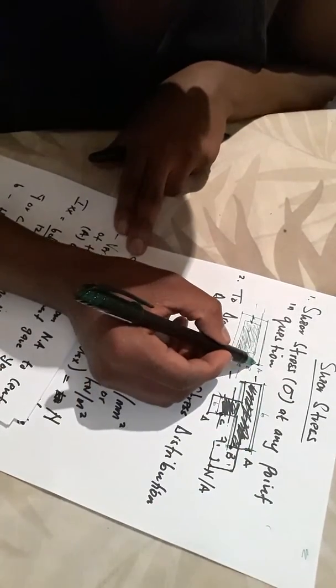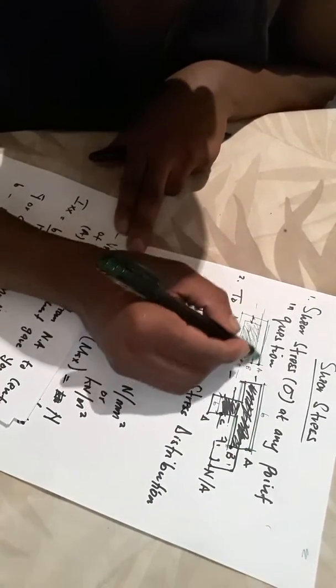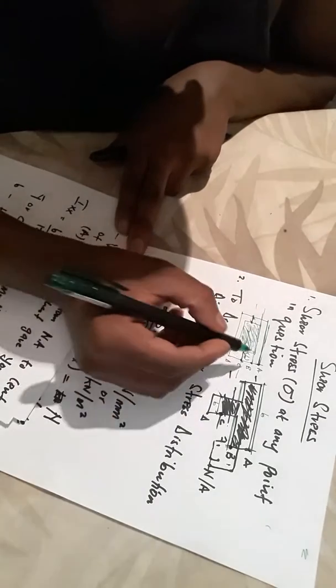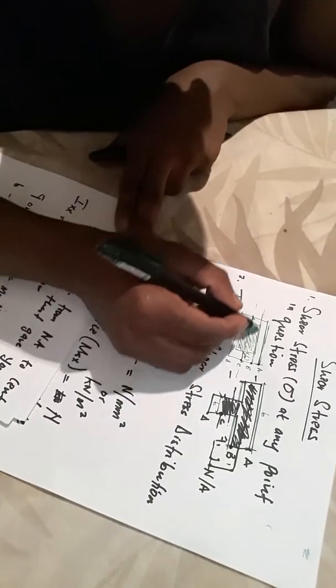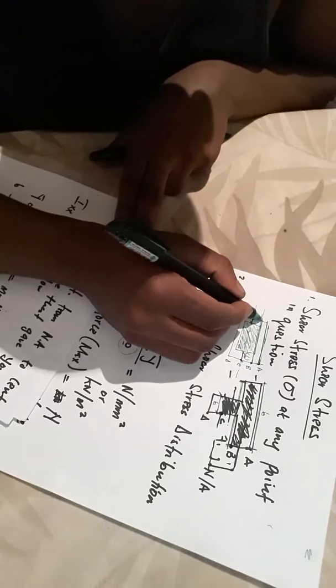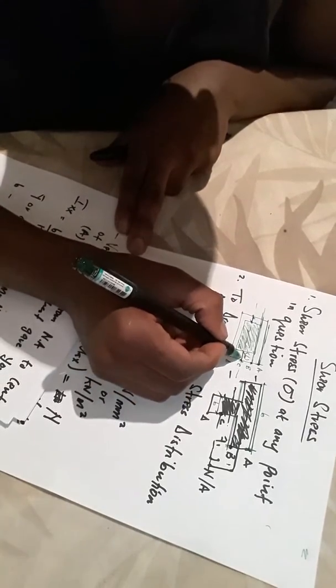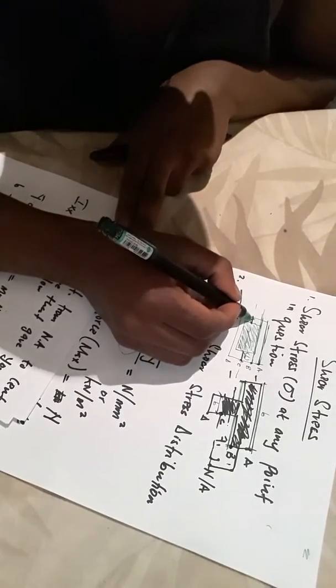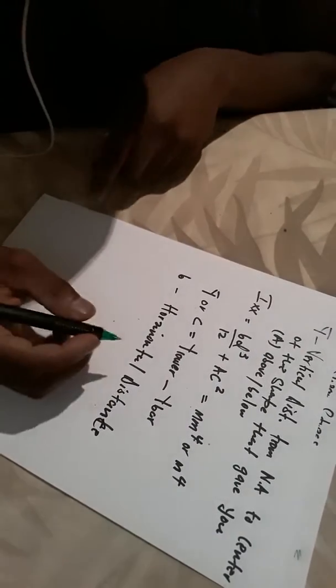When calculating shear stress at A, this will be your total B. Calculating shear stress at B, this whole distance will be your total B. But when calculating shear stress at C, this will be your B plus this B to get the B that you will use in this formula. So these are all the variables you'll use to calculate your shear stress.